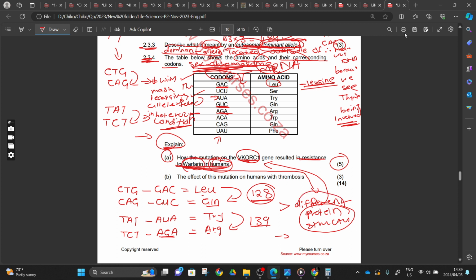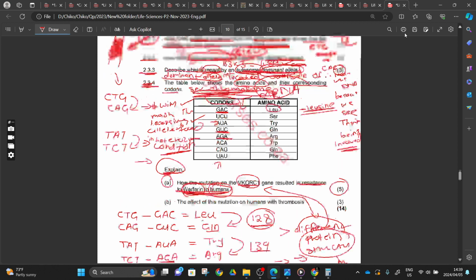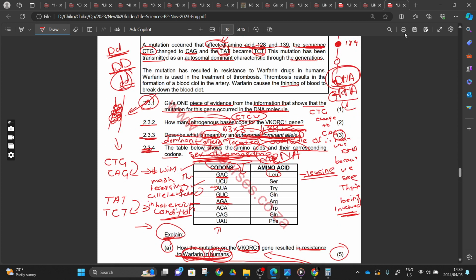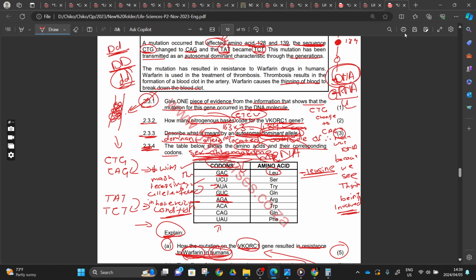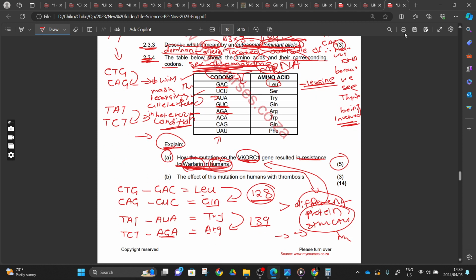Because of this mutation, this protein will be mutated, it means that we'll have a new protein, and this protein is going to make it difficult for warfarin to attach, so that it can thin the blood and break down the blood clot, right? So that was 5 marks there. When I should be explaining this, you can get 3 here and another 2 here.